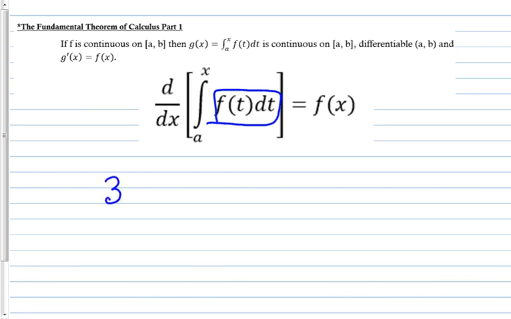If I ask you to derive this, you would get f prime of x equals 6x.